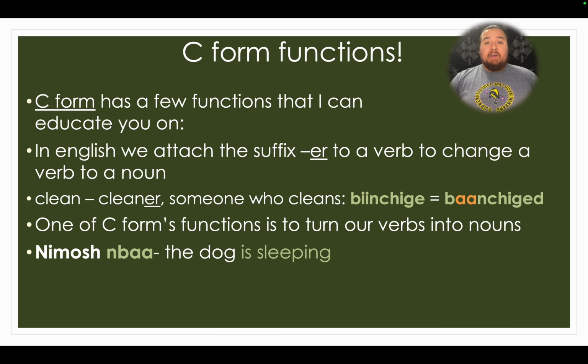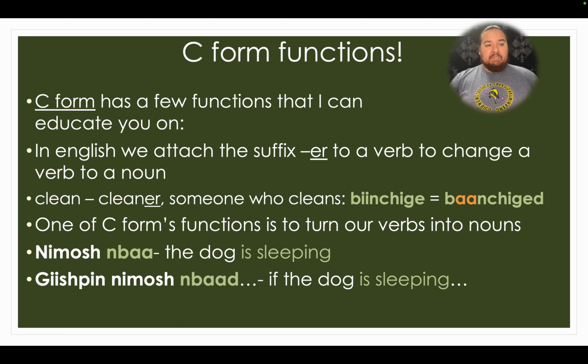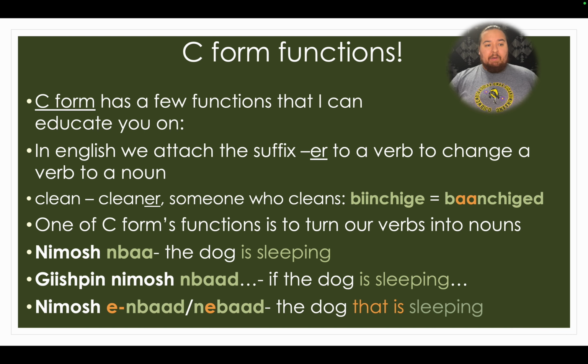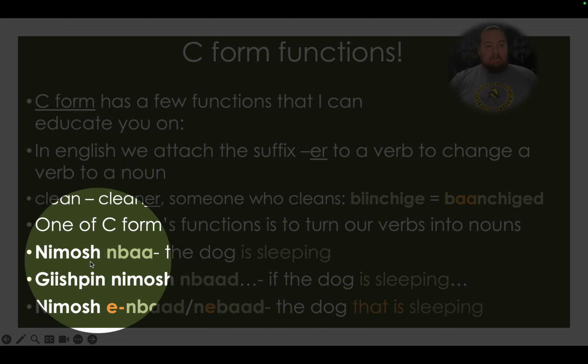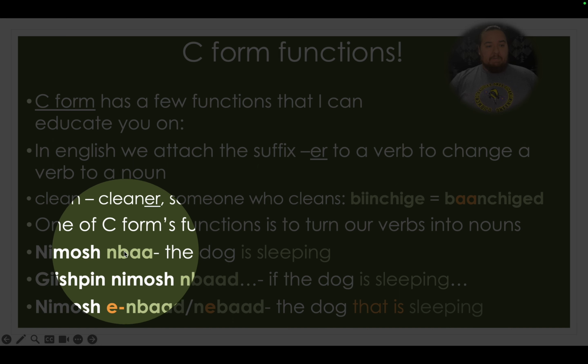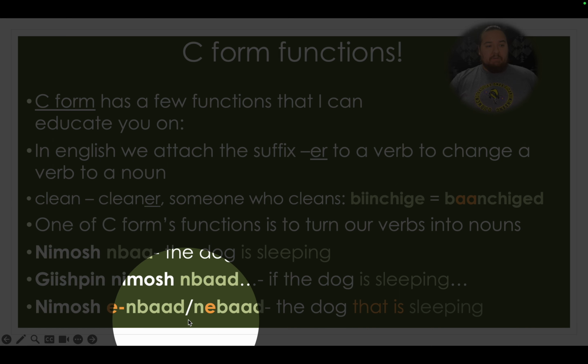So Nimushinba, the dog is sleeping. This is A form. Gishpin nimushinbad, if the dog is sleeping. Nimush enbad or Nimush nebad, the dog that is sleeping. And so we went from noun and verb to the one who is sleeping here.